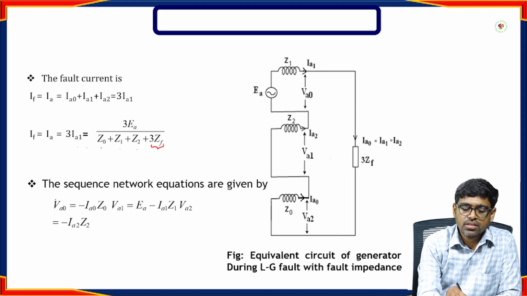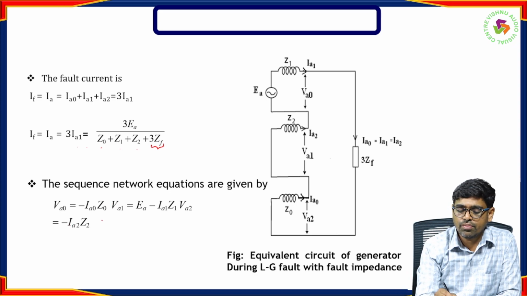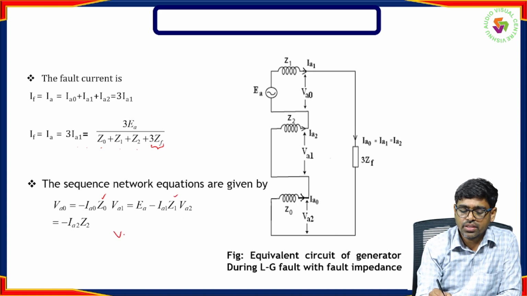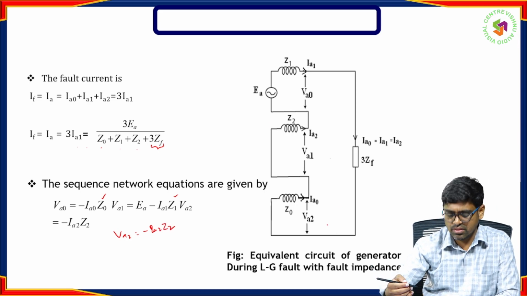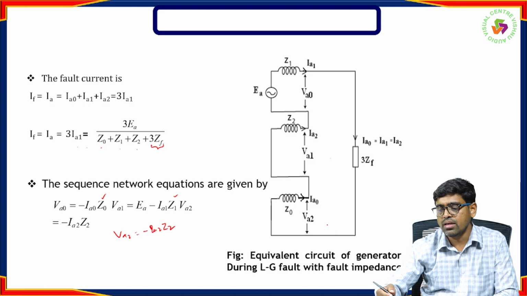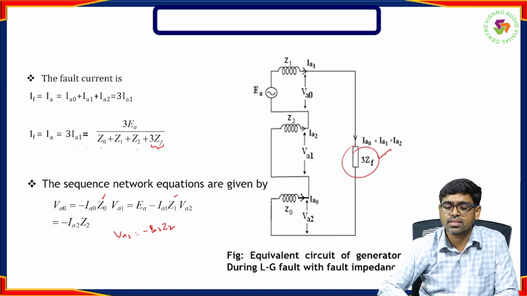So the sequence network equations are given as VA0 equal to minus IA0 Z0, VA1 is EA minus IA1 into Z1, and VA2 is nothing but minus IA2 into Z2. The same thing, the current will be the same in each sequence. So all are connected in series, but only 3 times of ZF gets added.